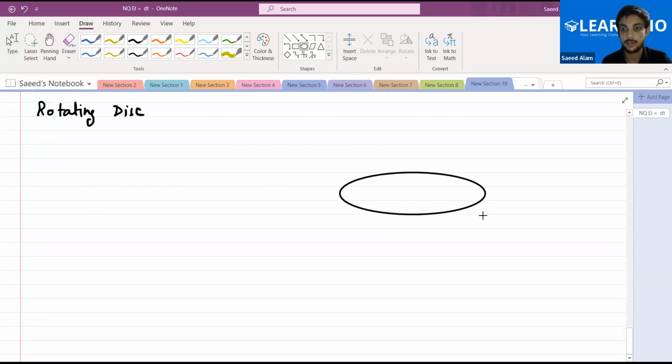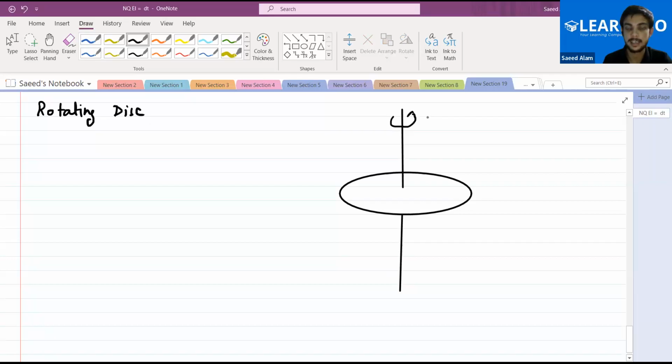Try to estimate what I should do here. It's rotating about its plane, right? Yes, exactly. It is rotating like this. I think you can understand easily. And let's say that I'm placing the magnetic field to be in this direction.